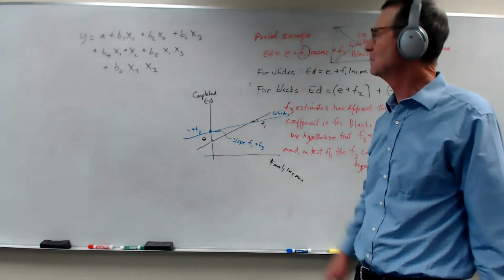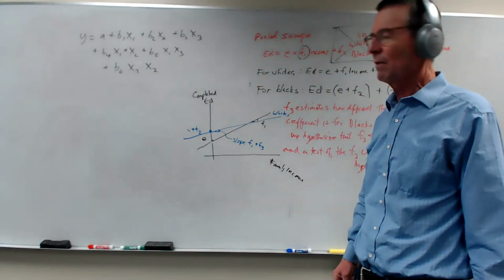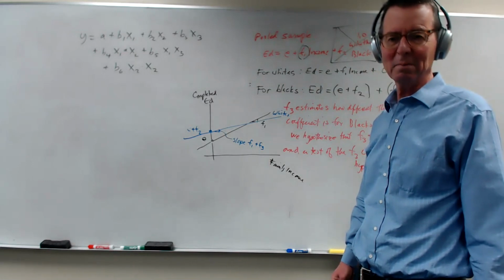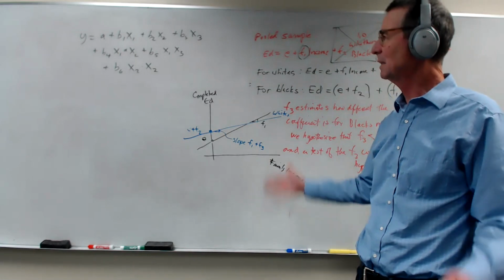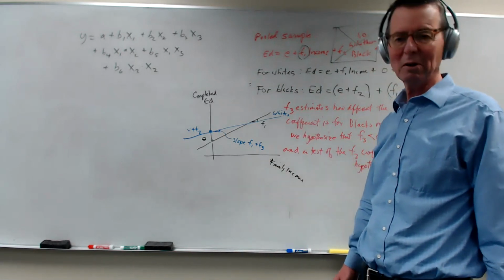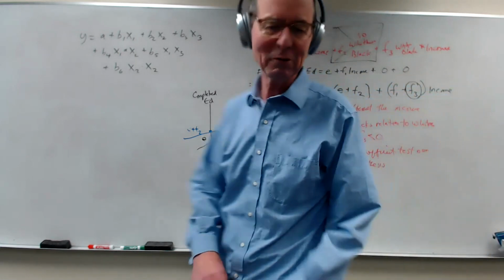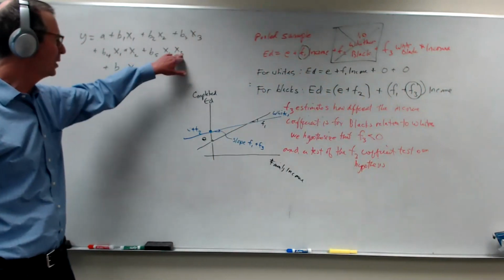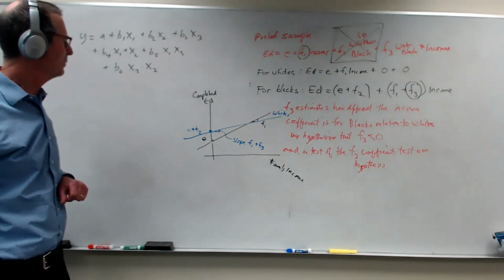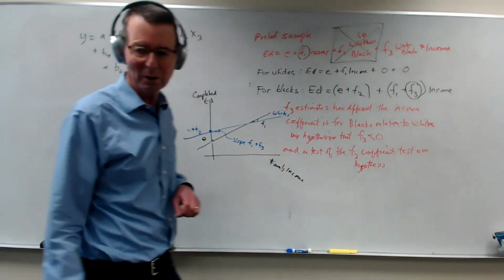And I don't know if I've ever estimated a fully saturated model myself, but once you start thinking of interactions, some people kind of go crazy and imagine every possible interaction there is. But you can just multiply up new variables for whatever interaction you want to test and throw it in.